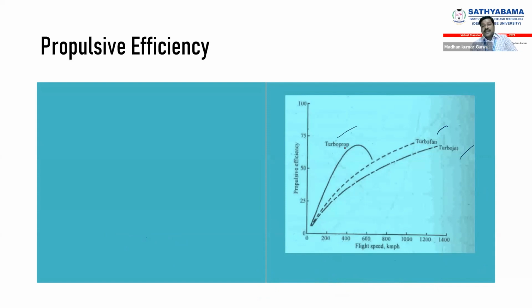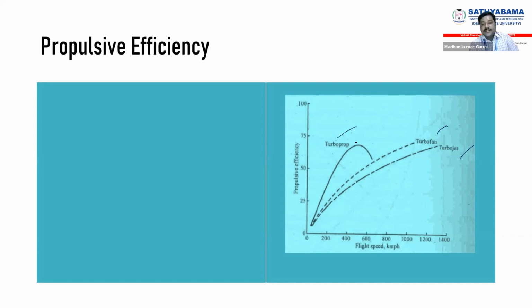Compared to that, the turbojet engine has high speed but low propulsive efficiency. In between turboprop and turbojet, the turbofan engine gives the highest propulsive efficiency compared to turboprop and turbojet, right?